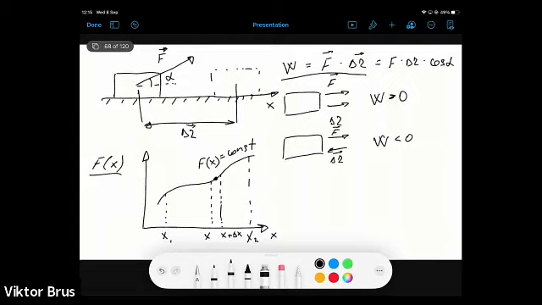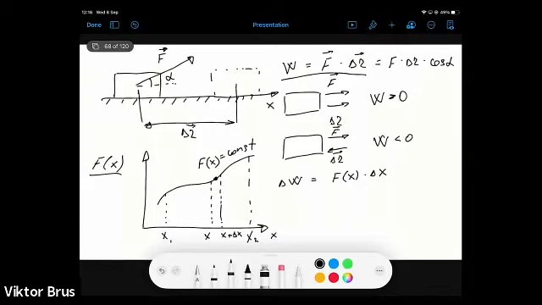So in that case, the small work done by the force by moving the body from position x to position x plus delta x will be equal to the constant force within this narrow interval times the width of this interval.